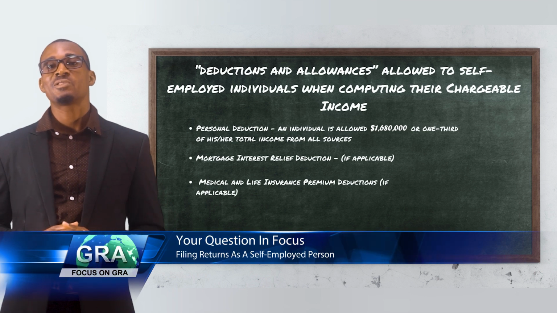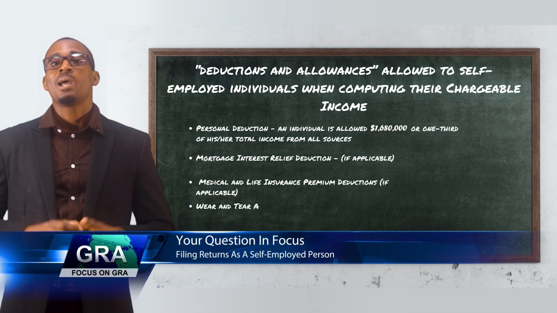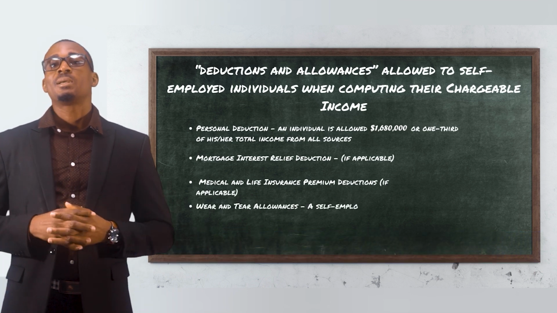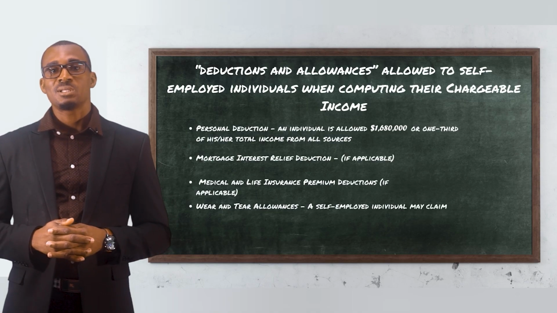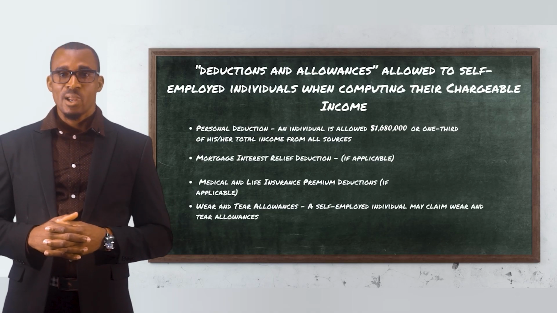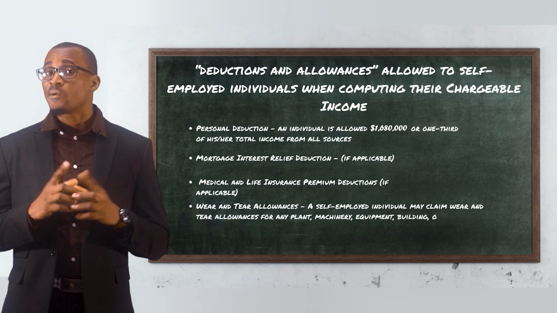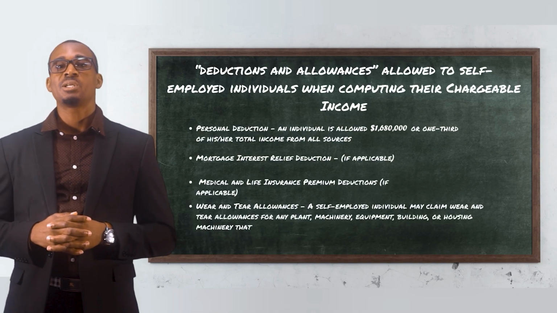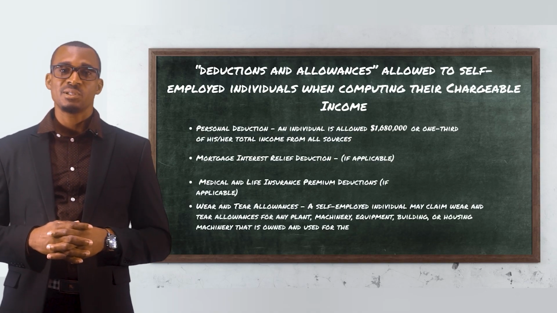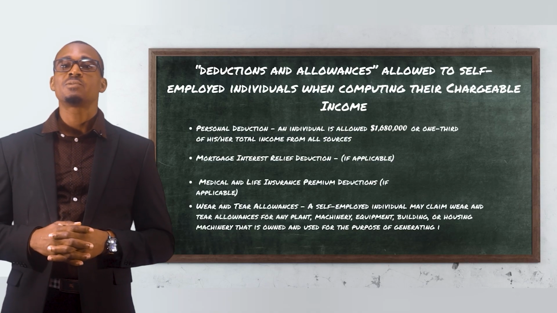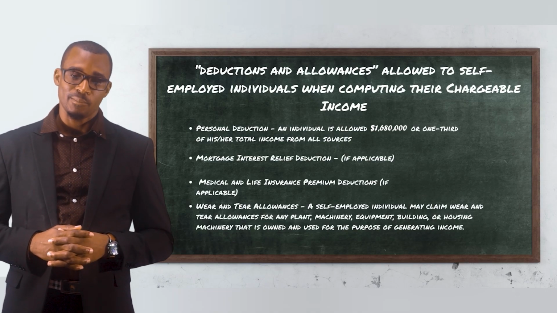Thirdly, mortgage interest relief deduction, if applicable. Also, medical and life insurance deduction, wear and tear allowance. A self-employed individual may claim wear and tear allowances for any plant, machinery, equipment, building, or housing machinery that is owned and used for the purpose of generating income.